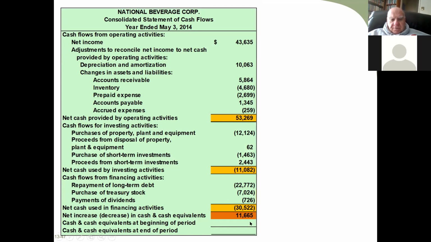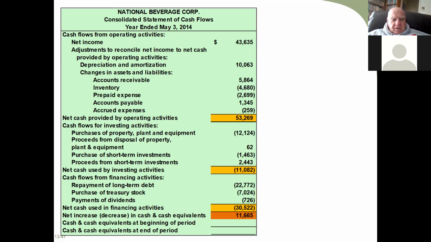You net them together and we get a number here, 11,665. Do you remember that number? That was the difference in the cash.